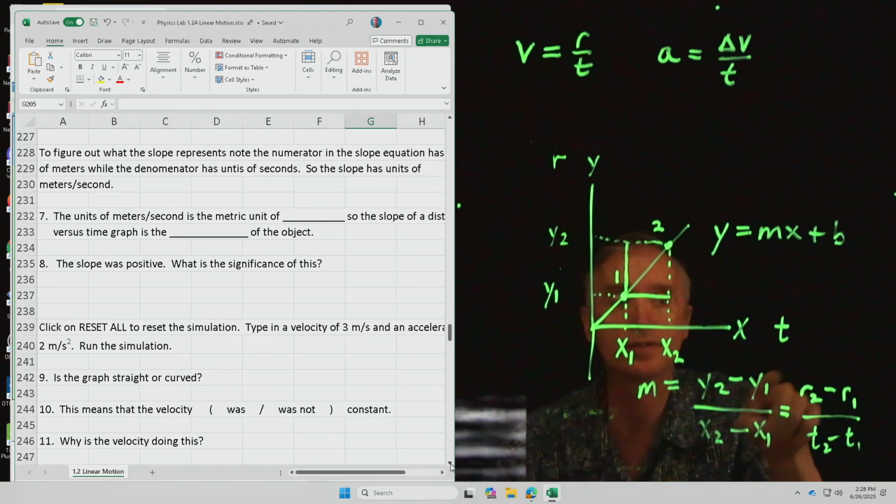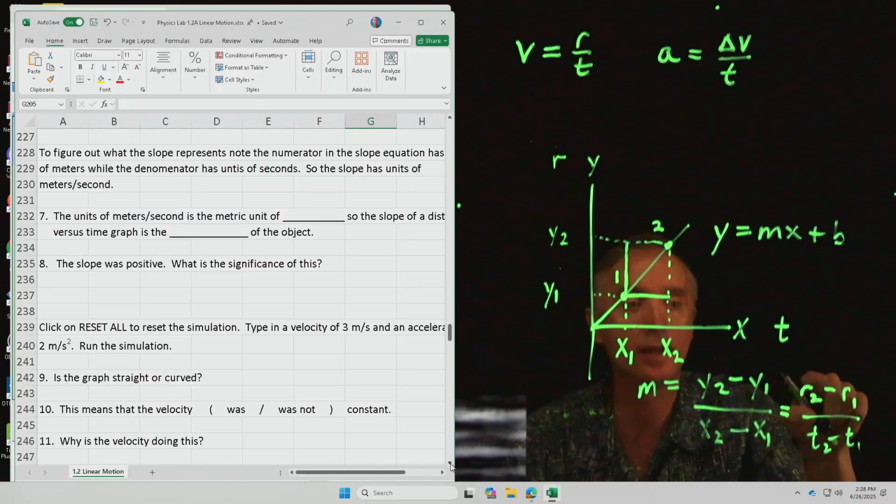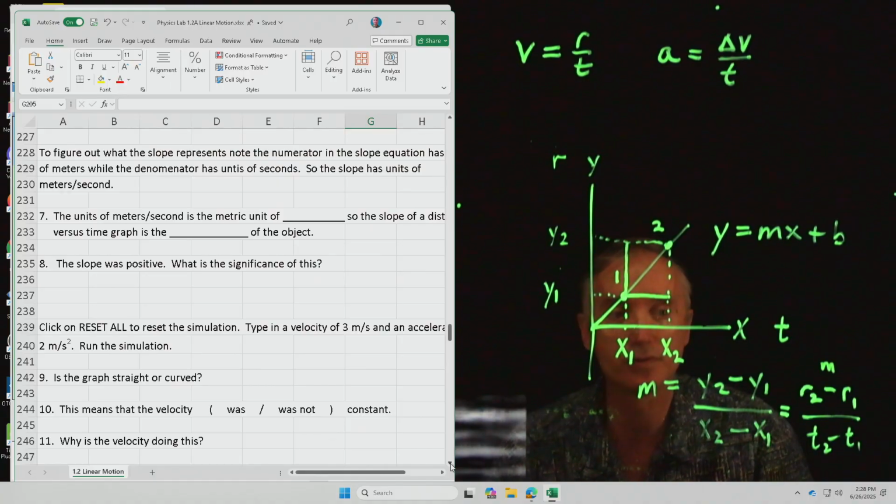Notice that the top part of the formula involves distance, and distance is given by meters. Now that's not M for slope, it's meters. So this is a distance in meters, and then the unit for time is the second.